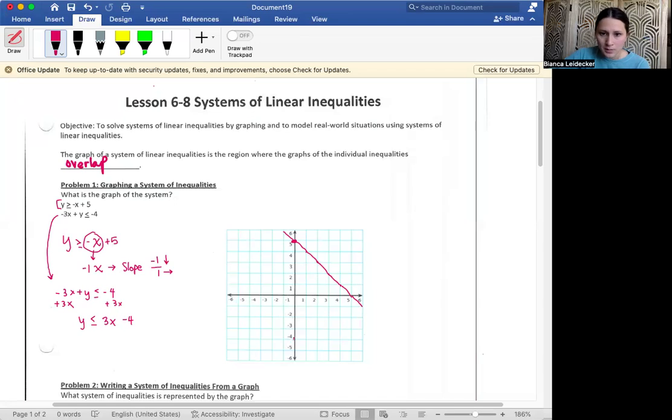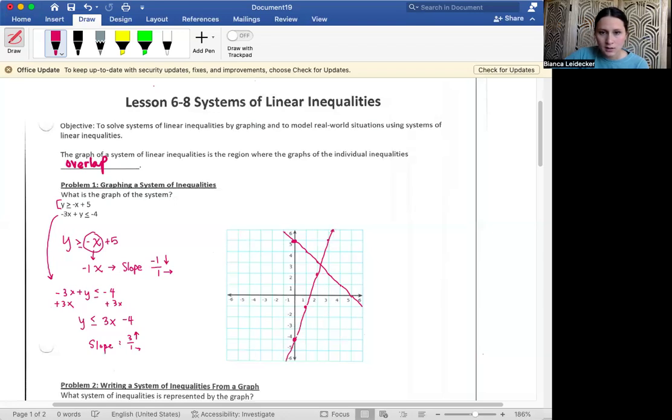I'm going to put my intercept at negative 4, and the slope here is 3 over 1. So if you want to put on the side 3 over 1, going up 3 over 1. So I'm going to do that: up 3 over 1, up 3 over 1, up 3 over 1. And I'm going to graph my line. I would recommend getting a straight edge and connecting everything.